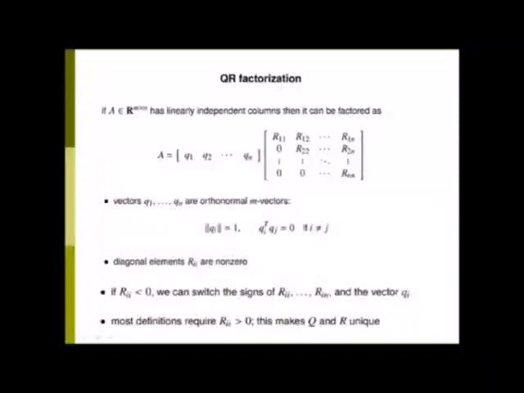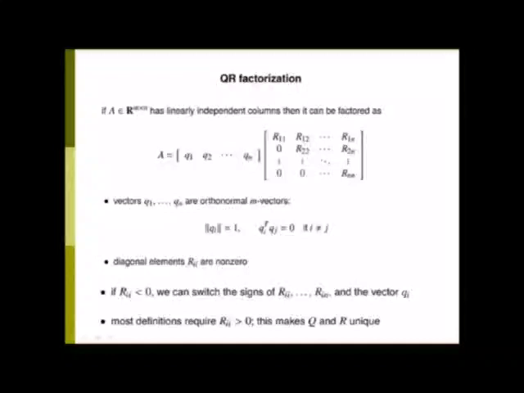So these are the orthonormal basis functions. Diagonal elements Rii are non-zero. If Rii is less than 0, we can switch the signs of Rii up to Rin. This makes Q and R unique matrices.